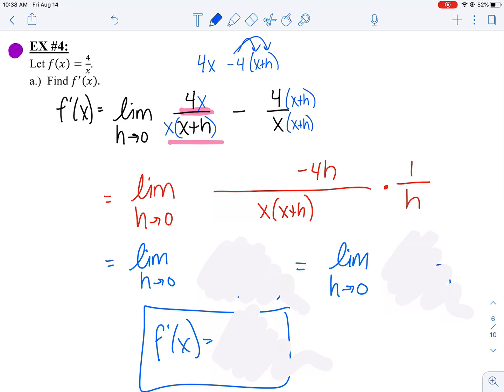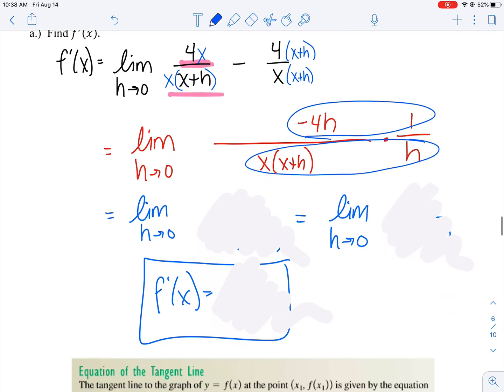What that allows us to do then is put my numerators together and my denominators together. When we multiply fractions, we multiply across the top and we multiply across the bottom. So on the top, I would have a negative 4 and an h. On the bottom, I would have an x, I would have an h, and I would have an x plus h, all being multiplied together.